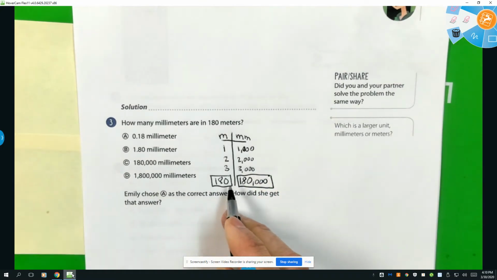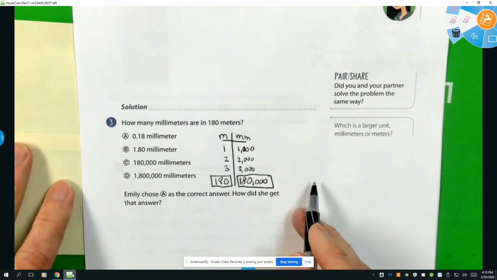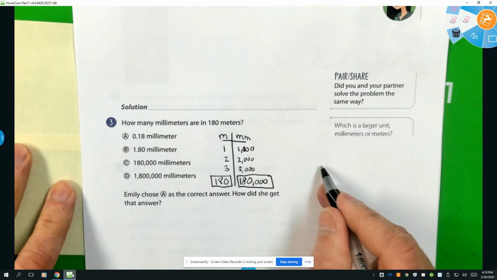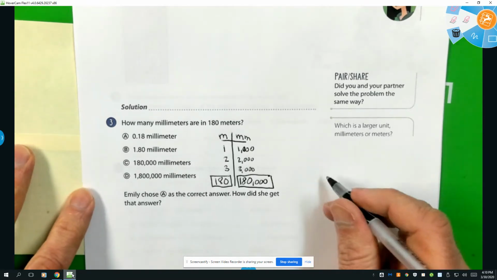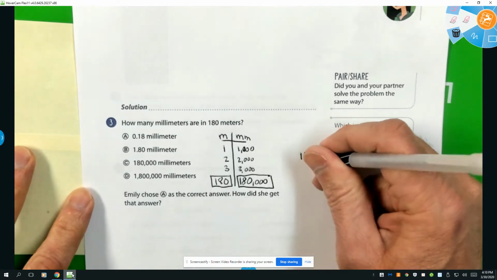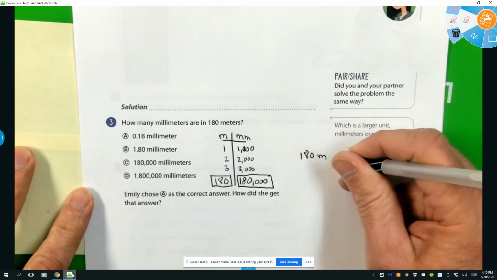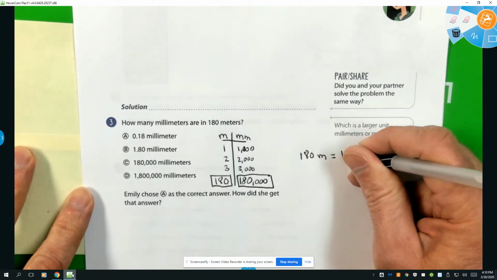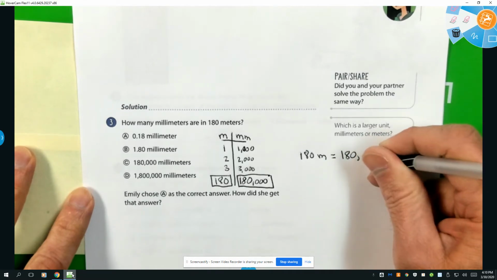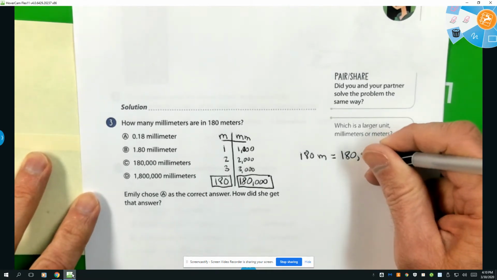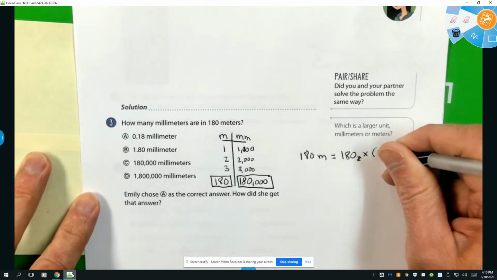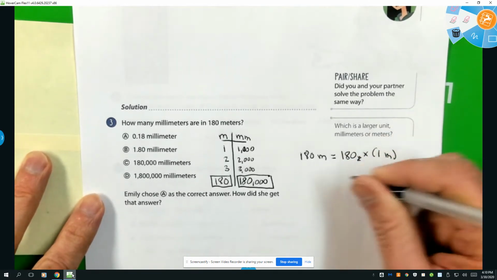Now, we're going to set that up over on the side just to prove it using the conversion method. So we would say 180 meters equals 180 times 1 meter.